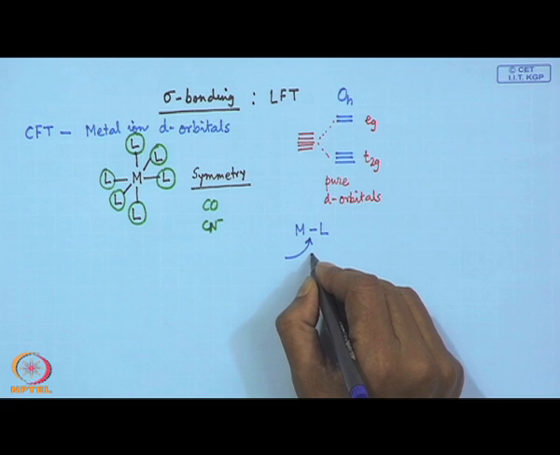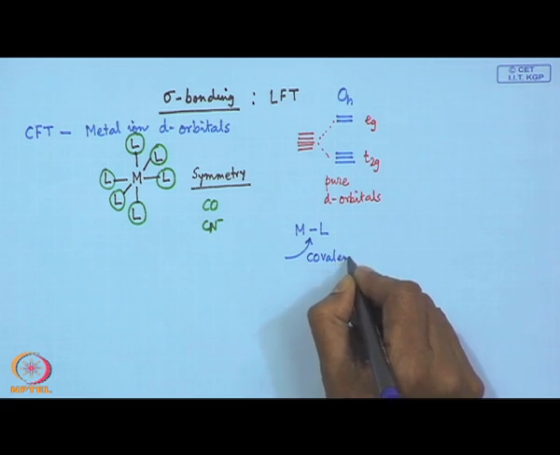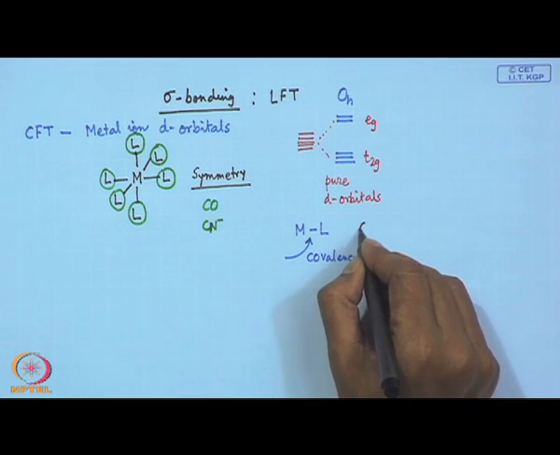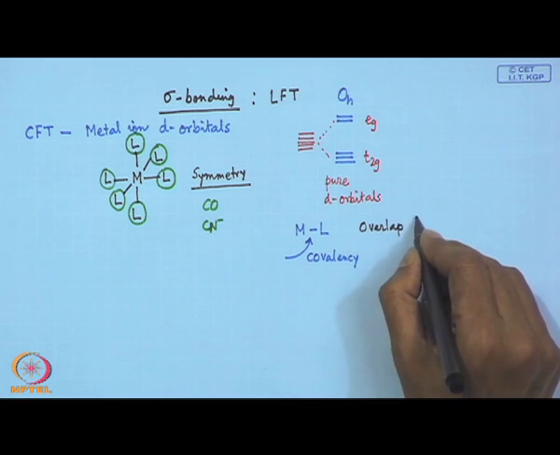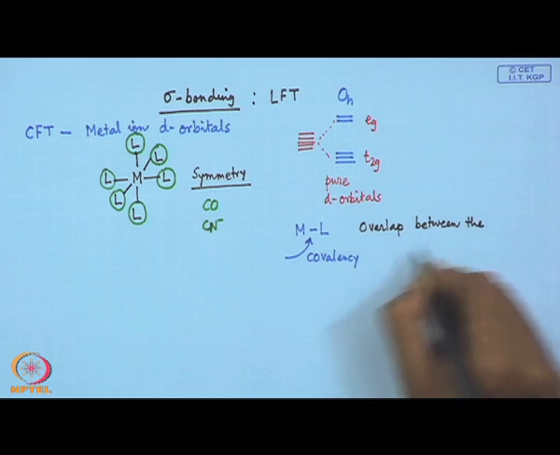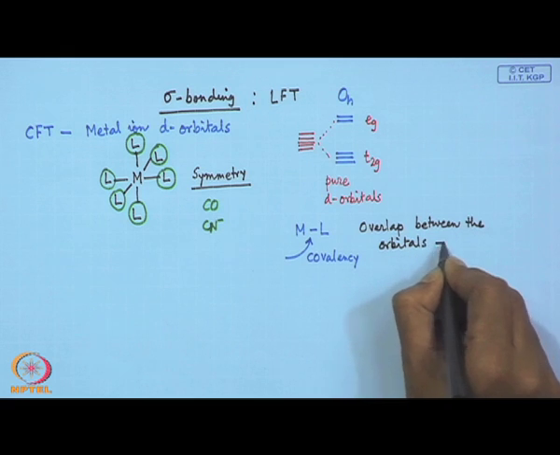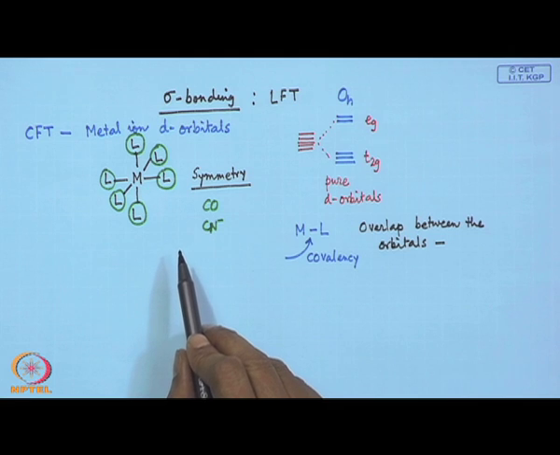So, if we have some covalency in the interaction between the metal ion and the ligand, we should have some good overlap between the orbitals, that means the orbitals of the metal ion and the orbitals of the ligand.